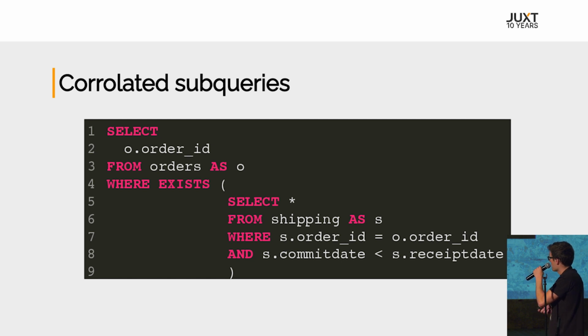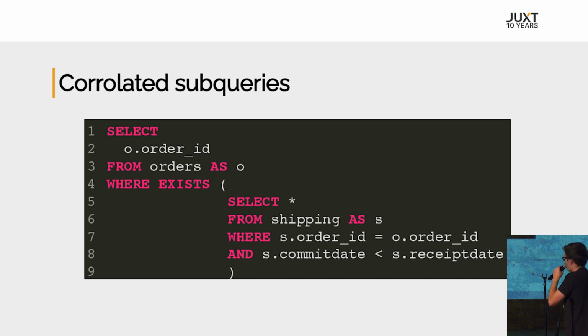I've brought this example to give you an idea of some optimization we do in the intermediate representations. We have an SQL statement which has an outer query and an inner query. We have some orders, and orders could have multiple items associated with them that get shipped. In this query, we want to know for which orders there was a late shipping.